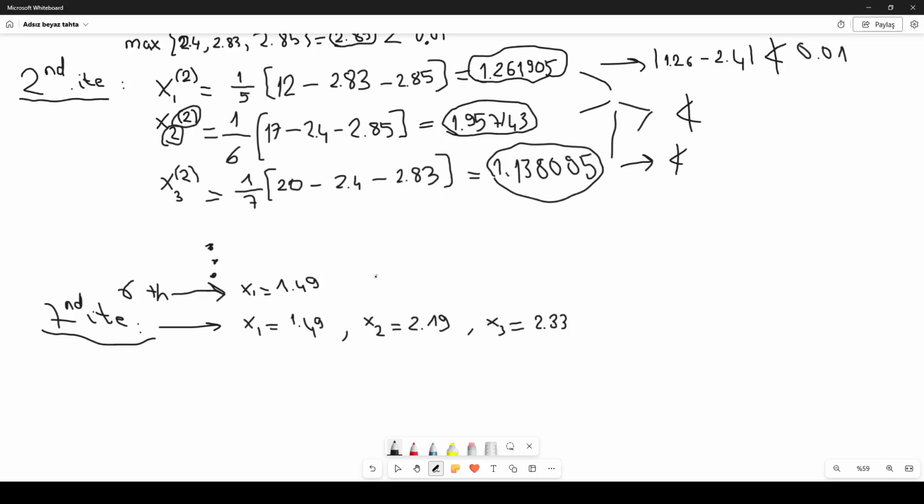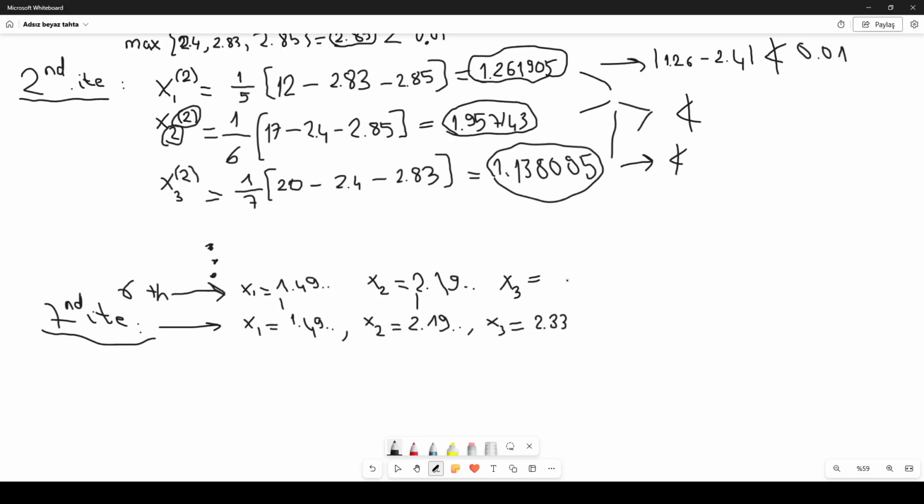For x2 we get 2.19, right? And it keeps going, but the remaining digits are not very important after this moment, because if I take the difference between this and this, it would be all less than 0.01, which I want, right? To stop the computational process for the Jacobi method.